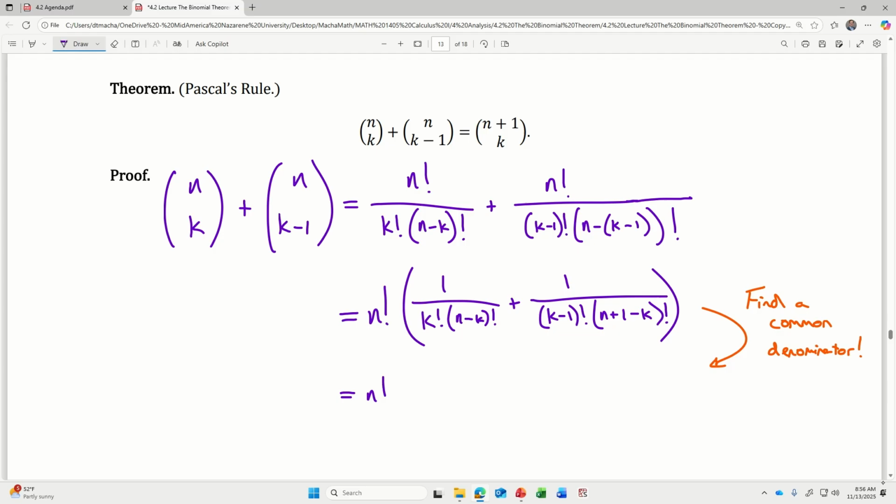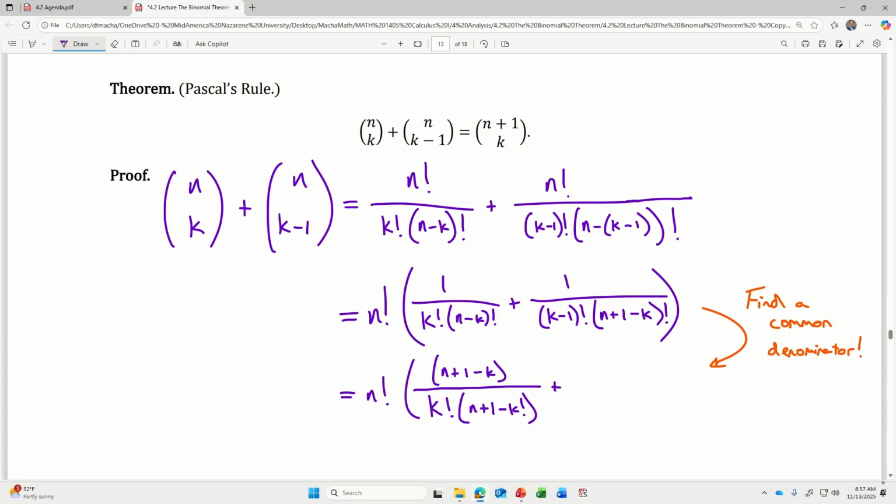For the first fraction, I like the k factorial but I want the n minus k factorial to be n plus 1 minus k factorial, which means in the numerator I need to include a factor of n plus 1 minus k.